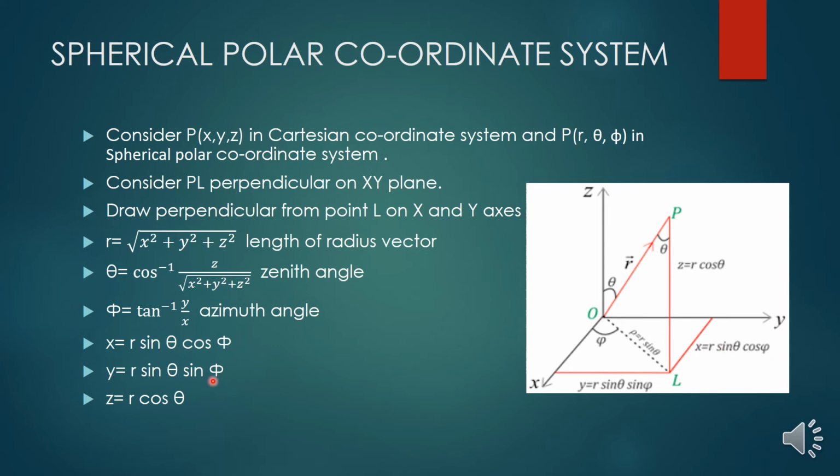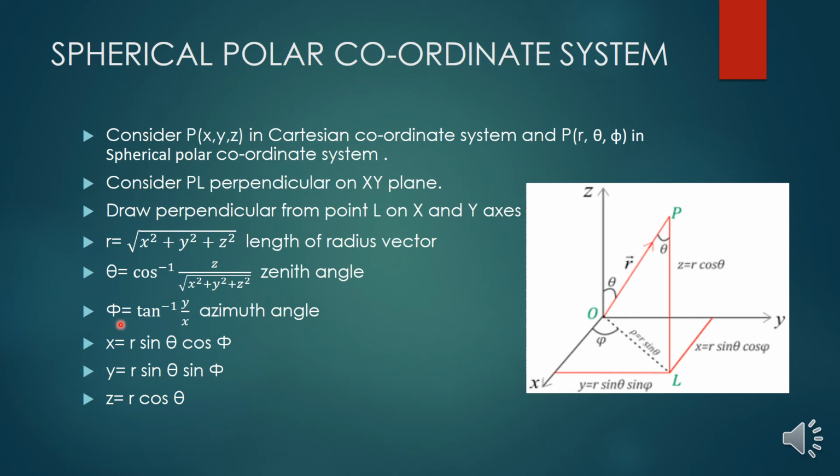So we have obtained the relations for r, theta, phi in terms of the x, y and z coordinates, and for x, y, z in terms of r, theta and phi.